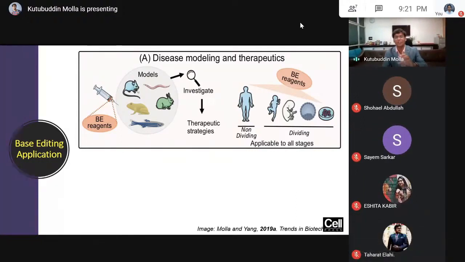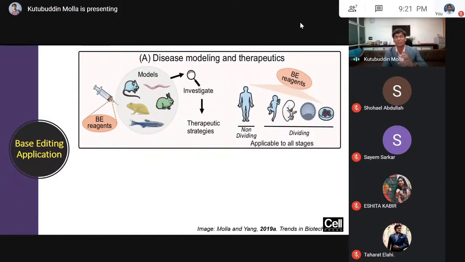So how would you artificially make a model? We did not have any technology to make that kind of change. But because of the base editor invention, now it is possible to make that kind of disease model in mouse, rabbit, fish, nematode, all these things. So you have a disease model. Now you could better investigate the disease, and then devise a therapeutic strategy. So this is about modeling.